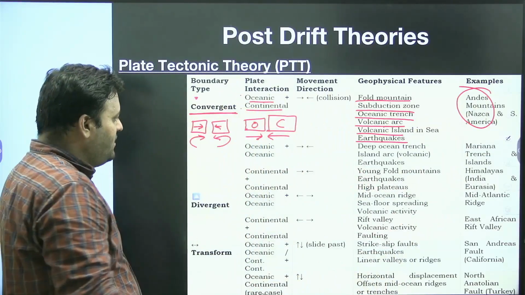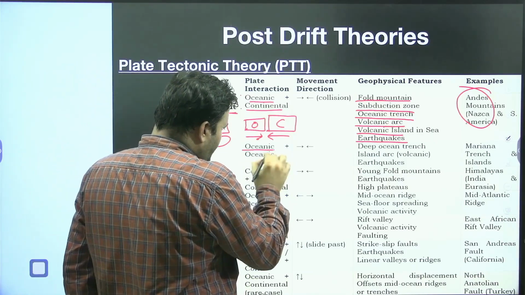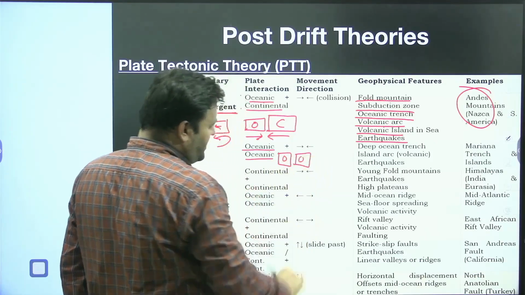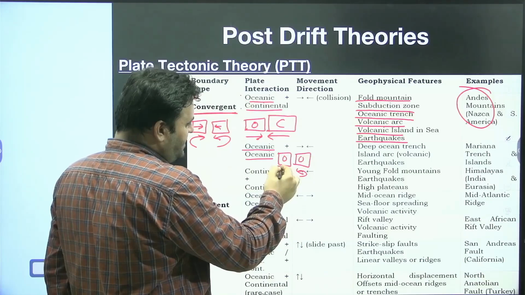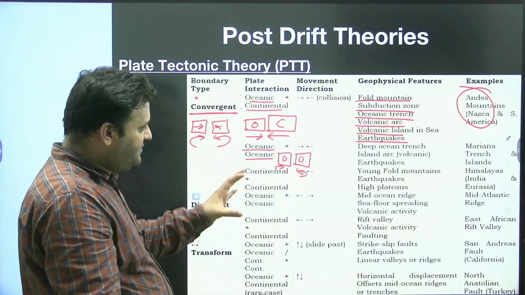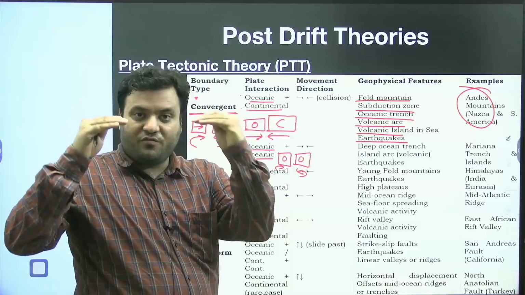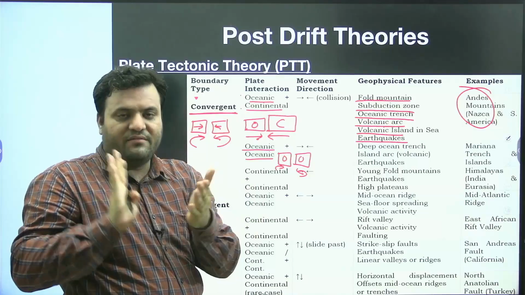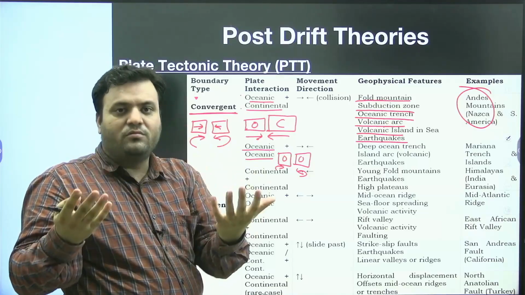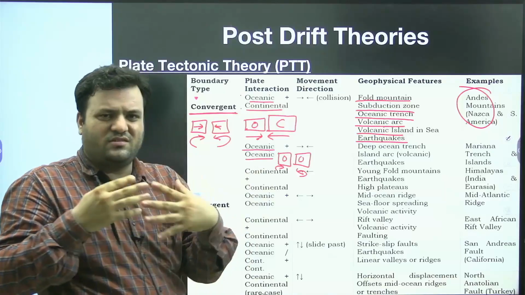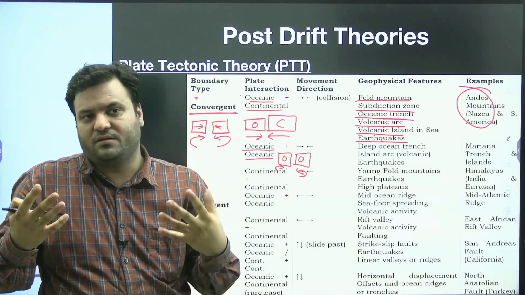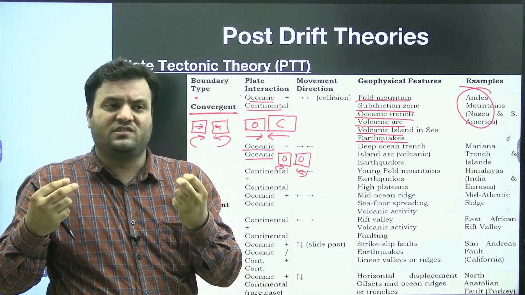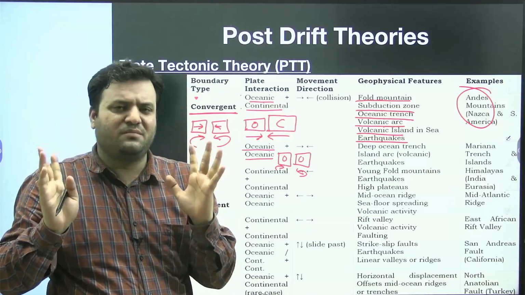Moving ahead, oceanic and oceanic convergence means there are two oceanic plates moving towards each other, because of the mantle convection currents. When two oceanic plates converge, they have a similar density, so neither is going to subduct easily. Technically, even with marginal differences, no two oceanic plates have exactly the same density.